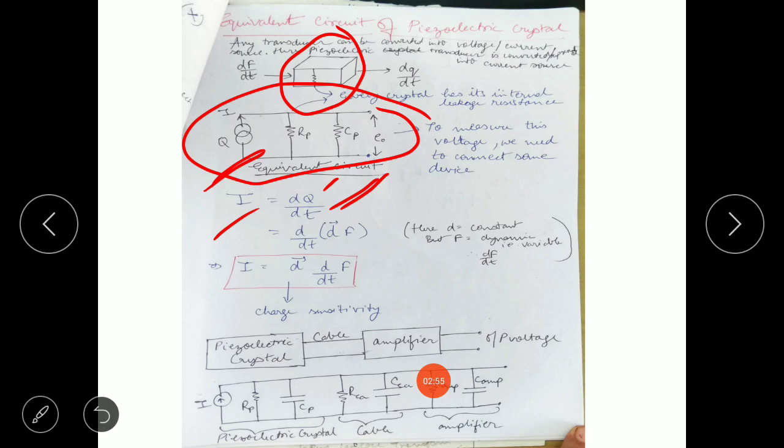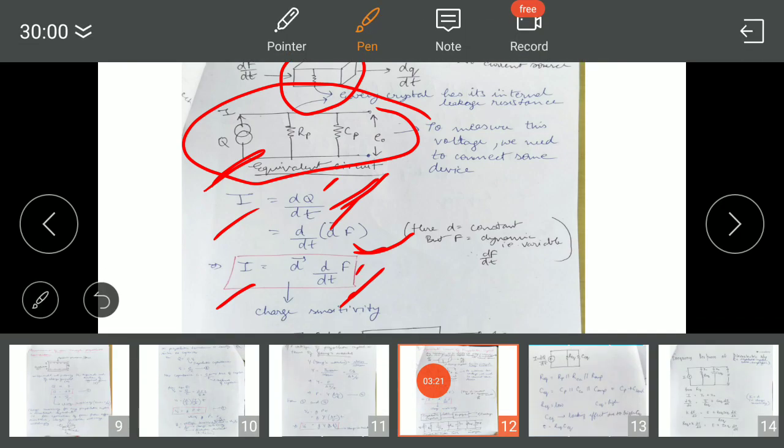Now this d, which is the charge sensitivity, is a constant value, where the force applied to the piezoelectric crystal is a dynamic force, that is time varying force. So the constant will come out and d by dt of F will remain. So this I, the current coming out of the piezoelectric crystal, is equal to d into dF by dt.